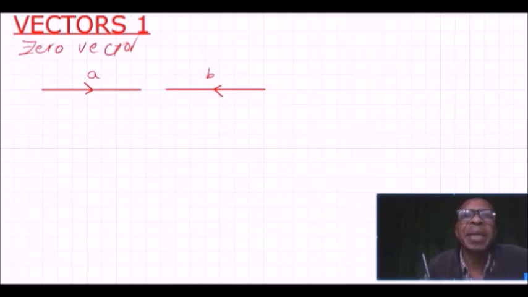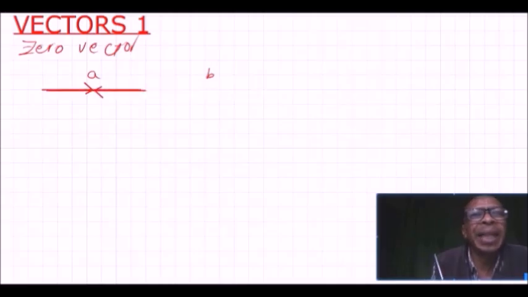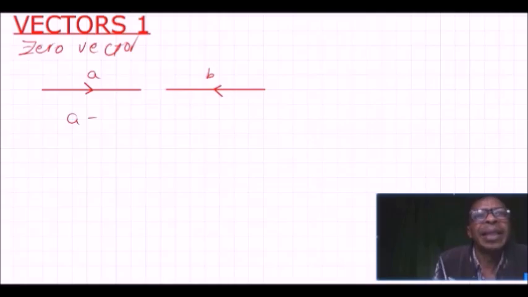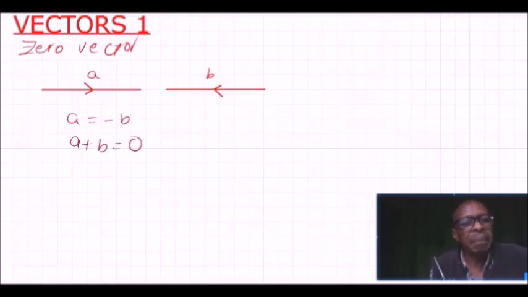A and B are equal in magnitude but in different directions. This means that if you bring B on top of A, they will cancel each other. So vector A is equal to minus vector B, and therefore A plus B is equal to 0. That is what we call the zero vector.